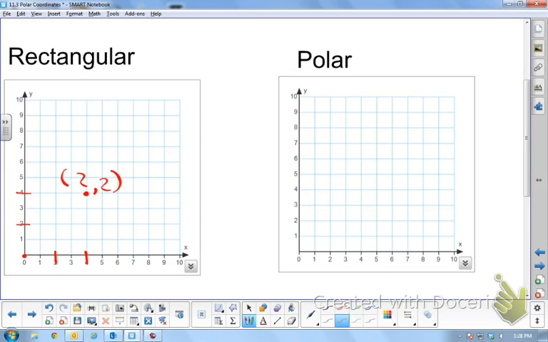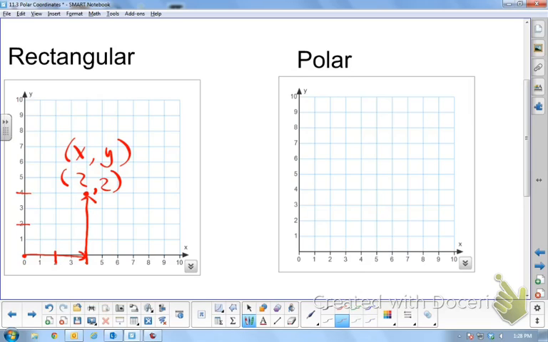The first coordinate tells us to count right 2. The second coordinate says count up. And we all know that this is represented as x, comma, y.